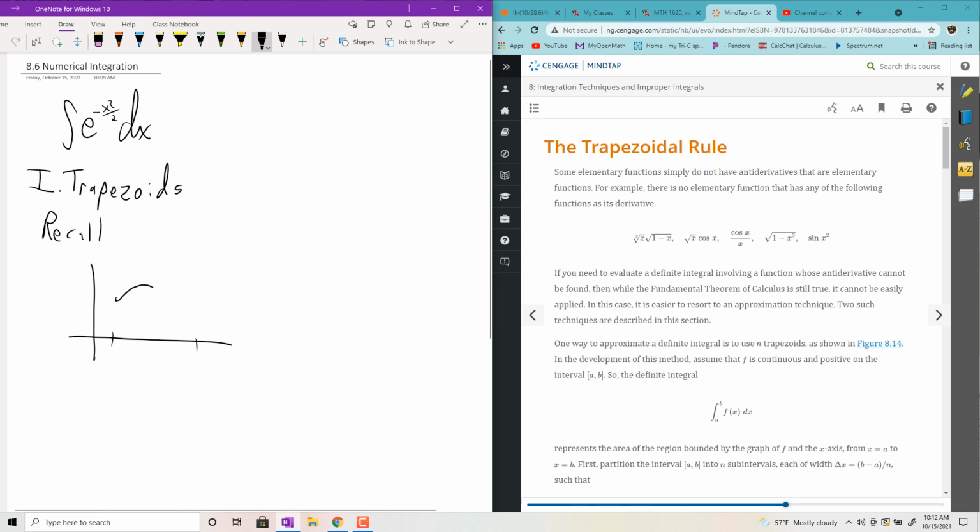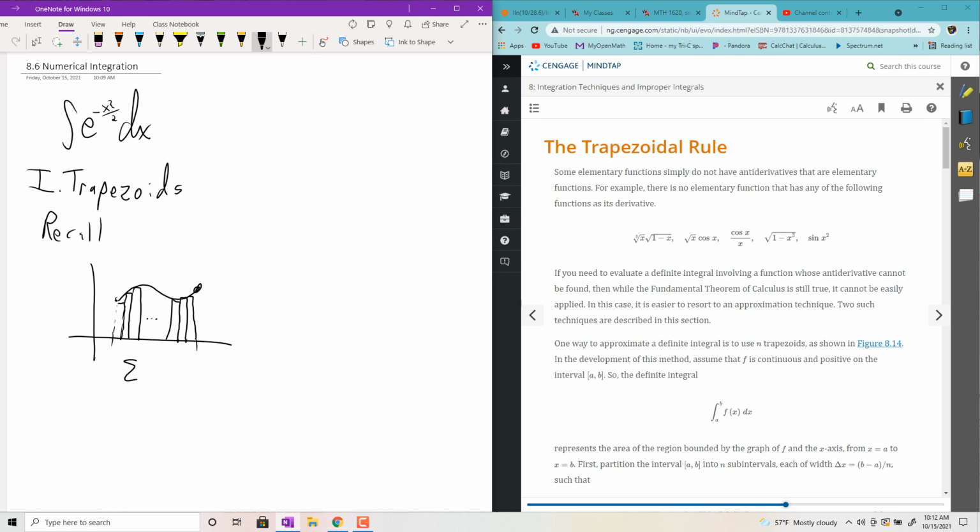Basically, the area underneath this curve could be approximated by a bunch of rectangles, right? So you can have a bunch of rectangles built with the left end point here. And you could add them all up and get an approximation of that area.